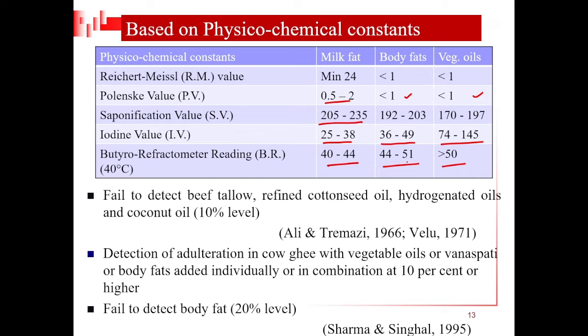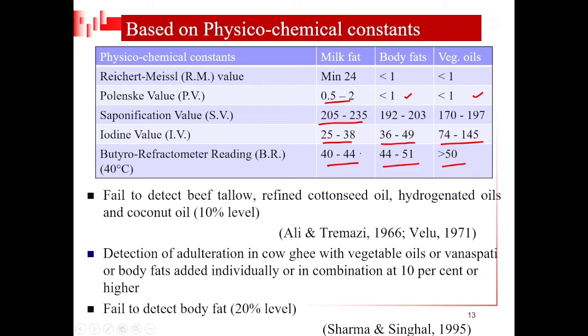And then we observe deviation. The problem with this test is that although to some extent vegetable oils and animal body fats individually can be detected, when they are added as a mixture it becomes very difficult to detect them, because the animal fat will have these values in one direction, whereas the vegetable oil will have the values in the opposite direction.